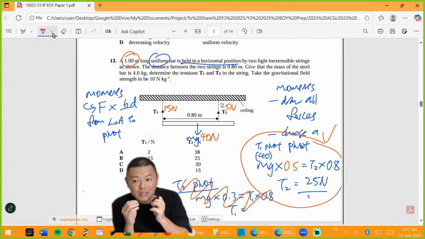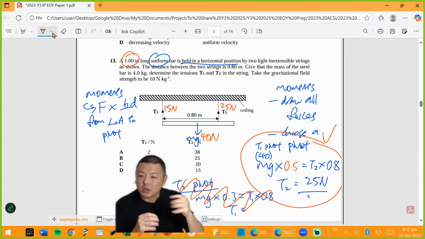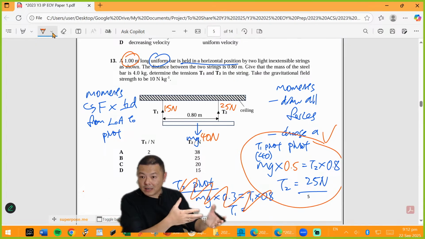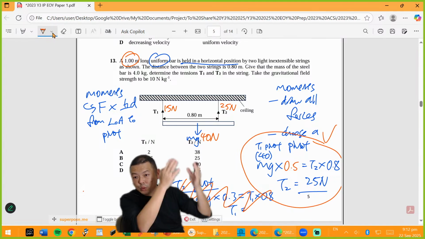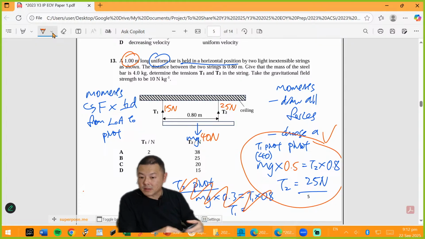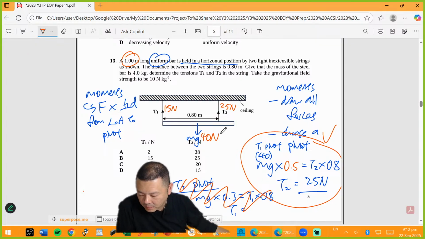But you have to take the initiative to do the method. Don't sit there and start wondering, should I do this method? Just do it. Just get on with it. If you don't get one of the options here, check your working, check your numbers. Okay? So that's 13.